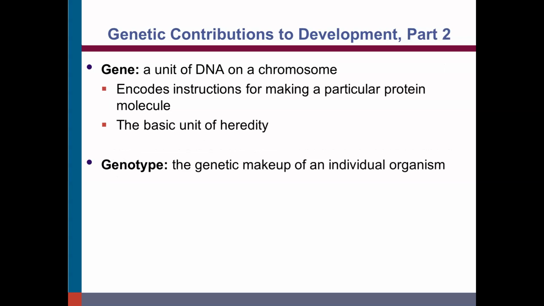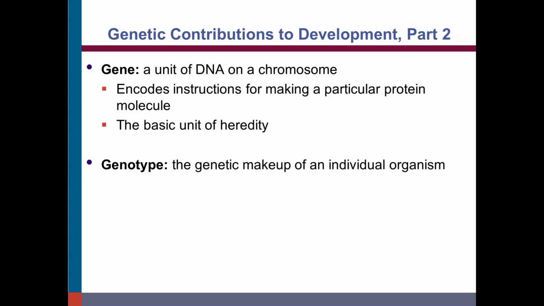Let's proceed. Okay, and we mentioned genes and genetics. So a gene is a unit of DNA on a chromosome. All right, so basically that's all we need to remember: a gene is a unit of heredity. And the next term I want you to become familiar with is genotype.